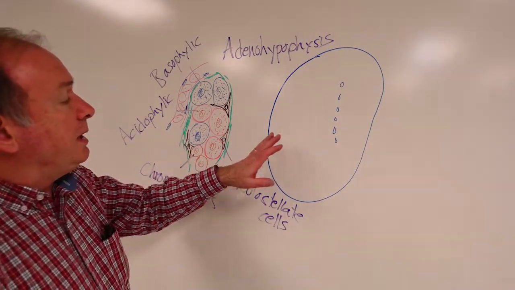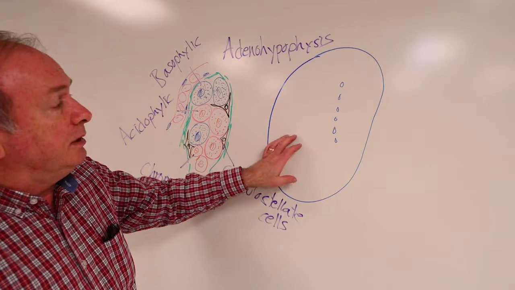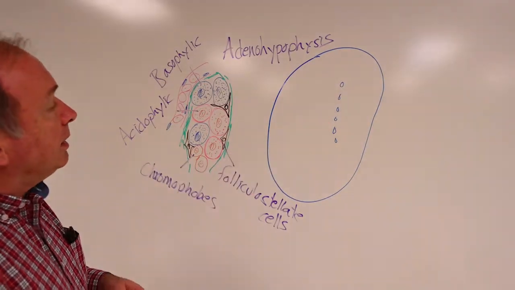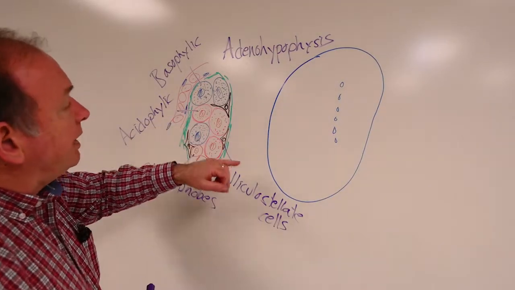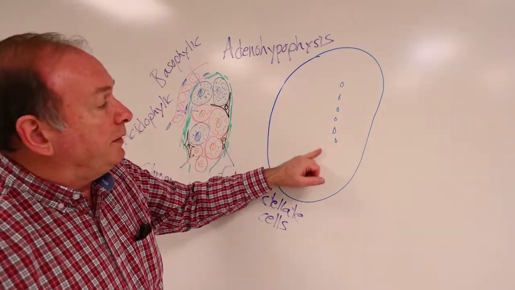Now, as you move from the pars distalis here up toward the pars intermedia, we lose the acidophils and we still have basophils and chromophobes up in this region.